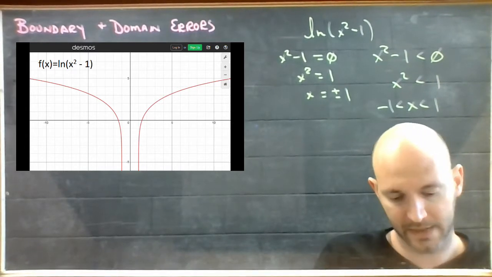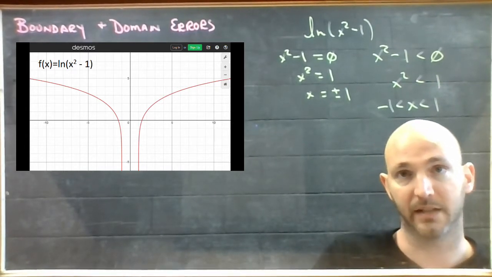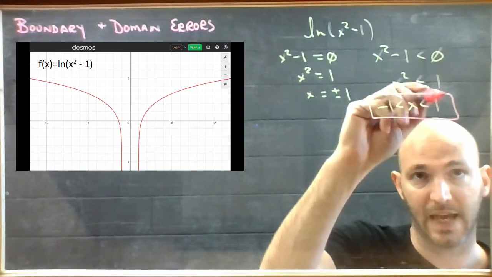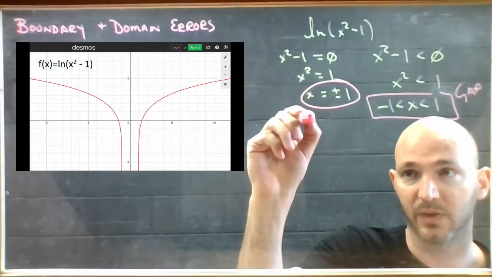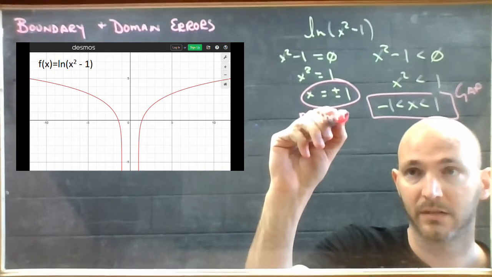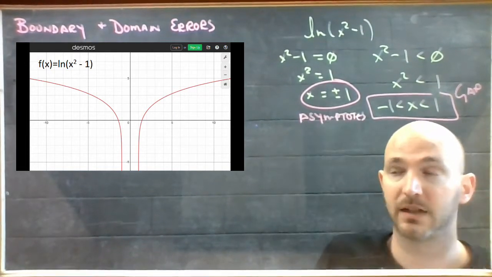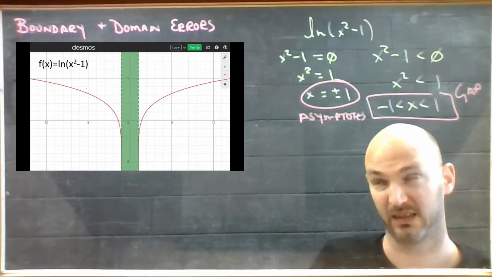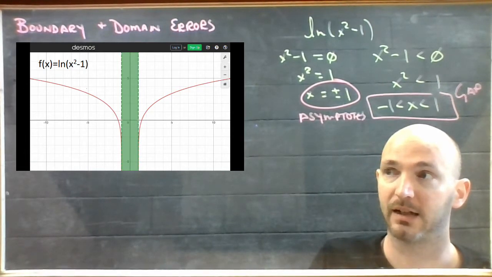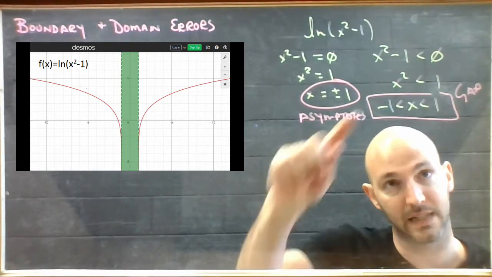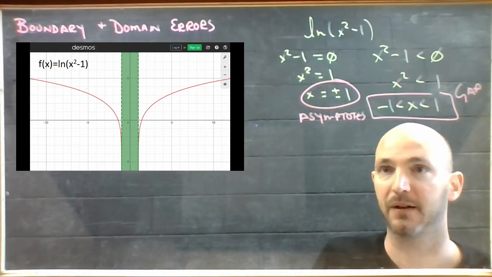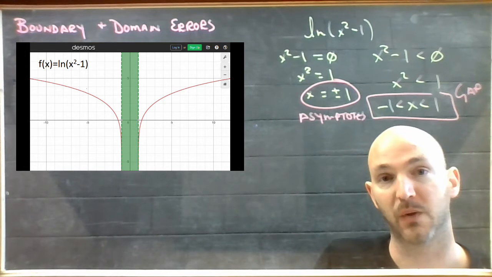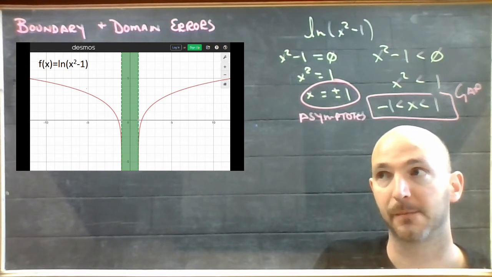So I should end up with a domain error here. Should be a gap. And I should end up with asymptotes here. And if I throw the shading in there, there we go. You can see that there is indeed a gap in that particular space where the function doesn't appear, and there are asymptotes at both plus and -1.